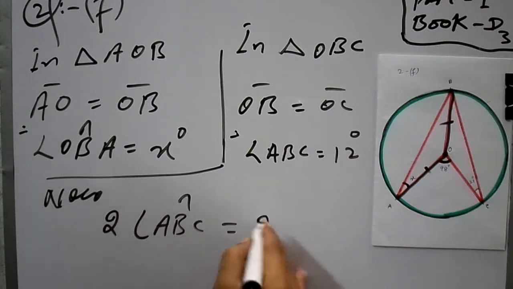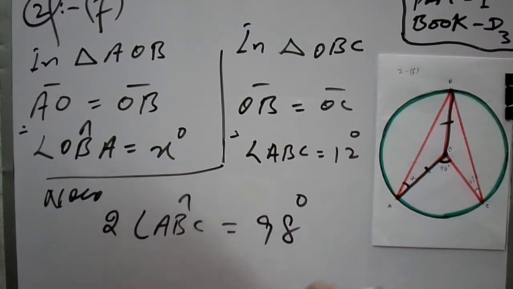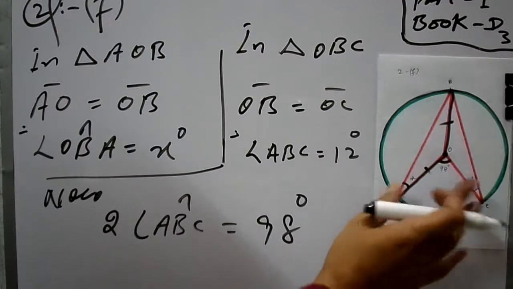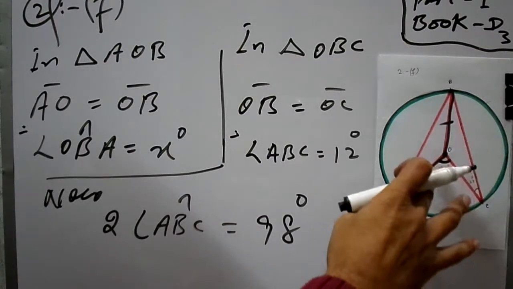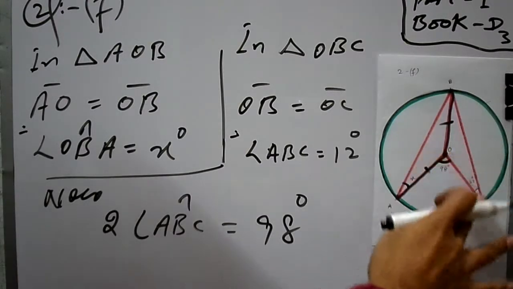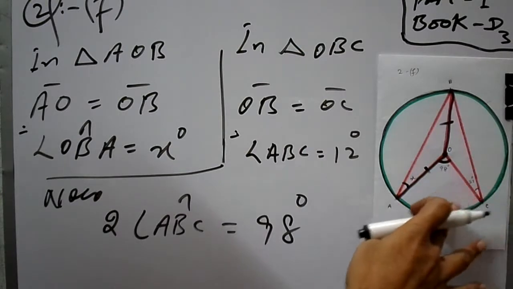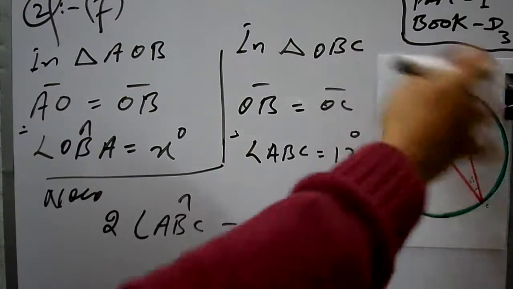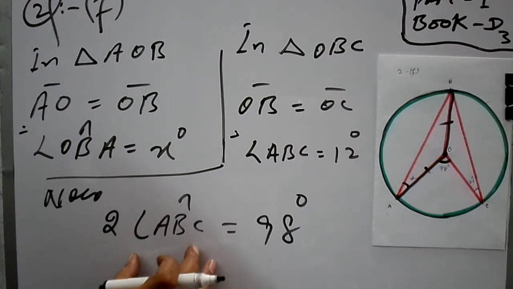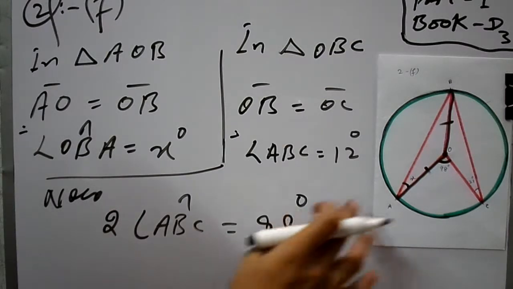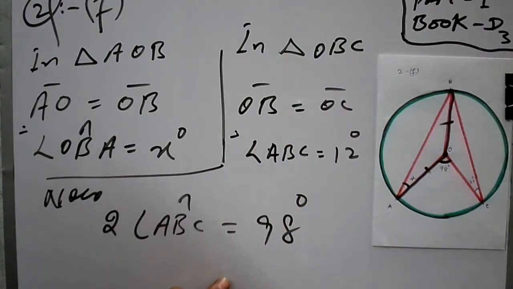Which is equal to 98, because major arc and minor arc, we are well familiar with this fact that the minor arc has a greater angle as compared to the major arc. So that's why ABC is the major arc.